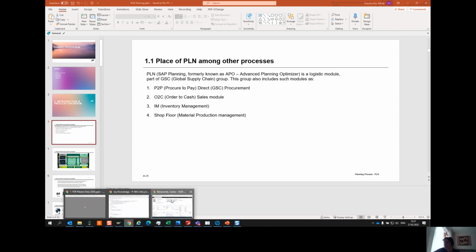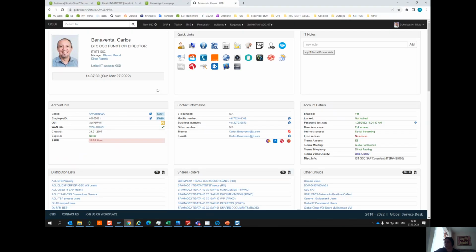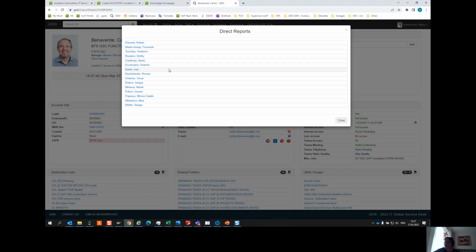And just to prove my point, I can show you the structure. As for the moment, Carlos Benavente is BTS Global Supply Chain Function Director. If we go to direct reports, we can see Mariel, who is team lead of direct procurement and inventory management.